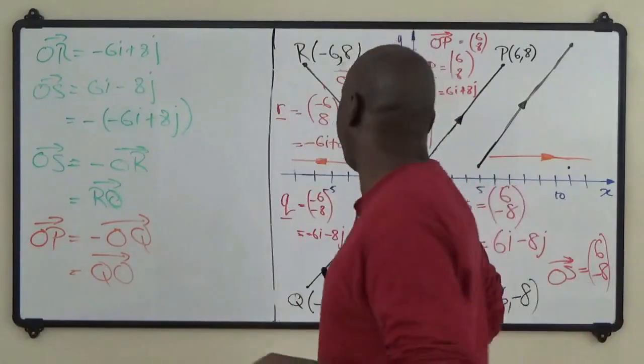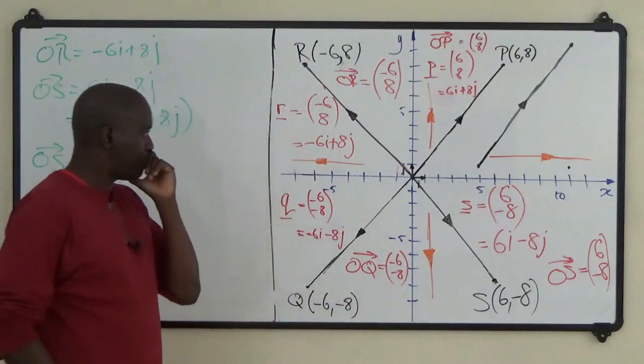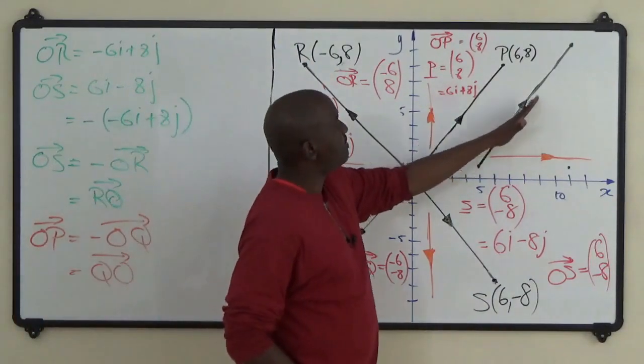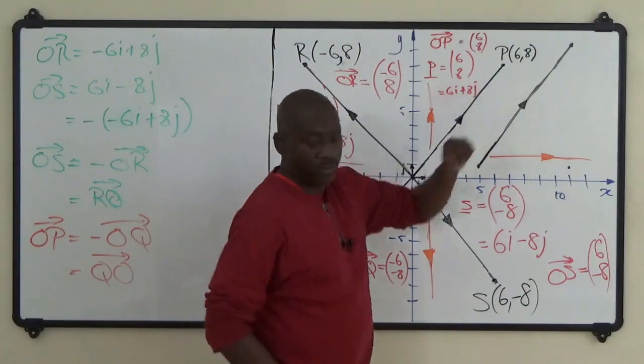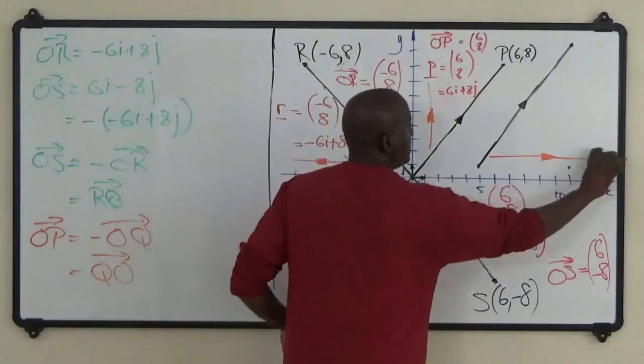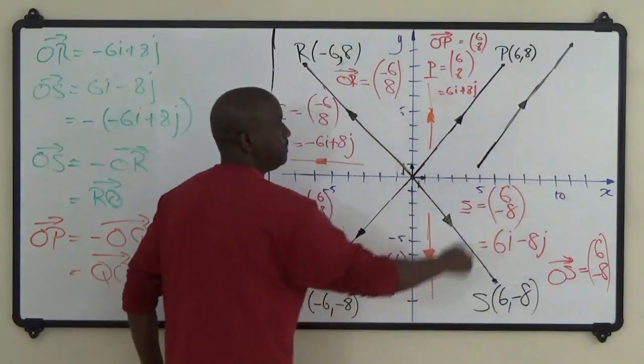Alright? One more thing. If two vectors have the same direction, or, you see, I remember something here. I'm now getting ready to go, and I remember one more thing.